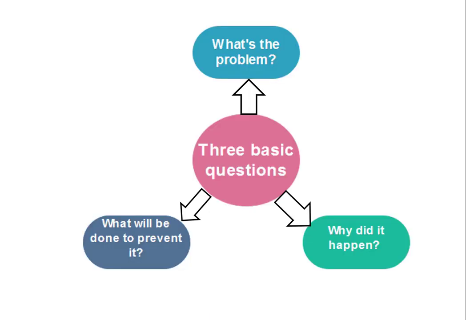The analyst of root cause failure analysis all the time has to answer three main questions. What is the problem? Why did it happen? And what will be done to prevent it from reoccurring again and again? So these are the main three questions the analyst has to focus on and answer.